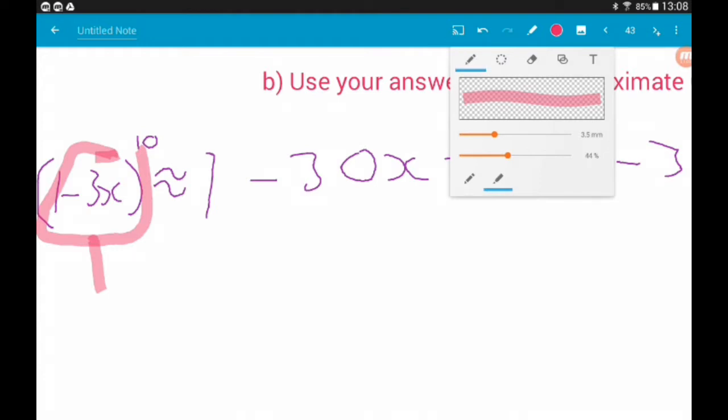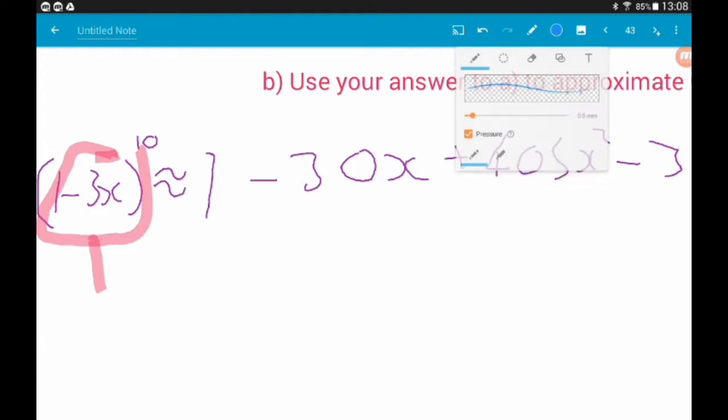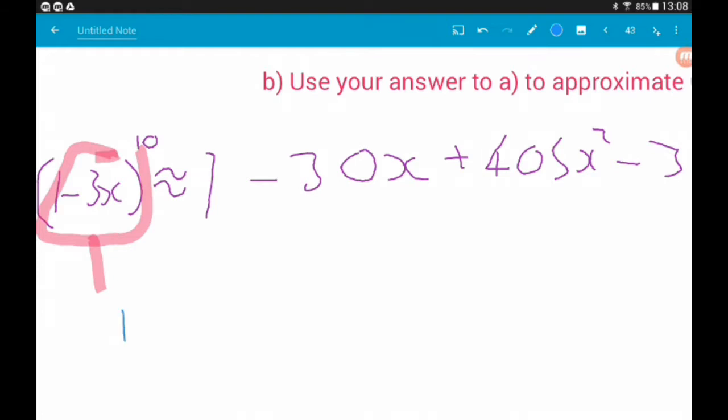So, all we do is we set 1 minus 3x equal to 0.97, and then from that, we solve that for x.